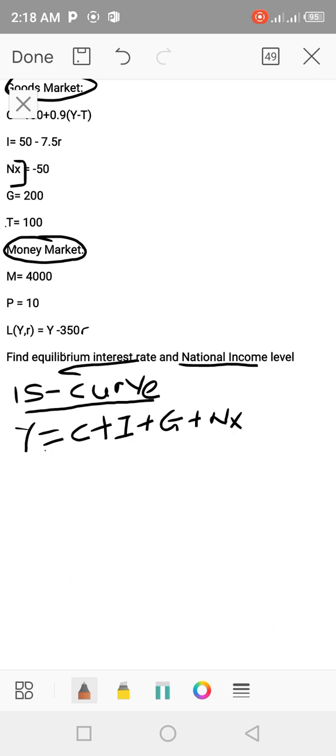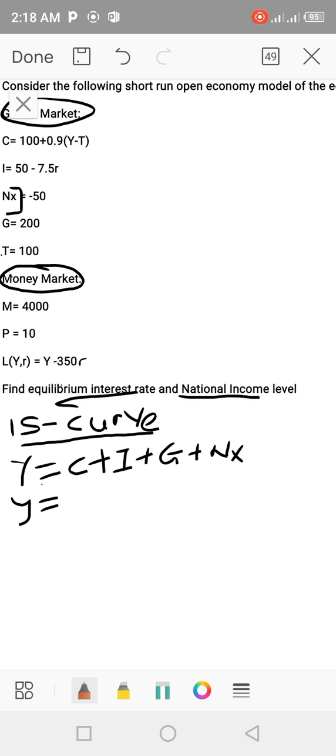So here we have Y equals C, and our C is 100 plus 0.9 into Y minus T. And what is our T?